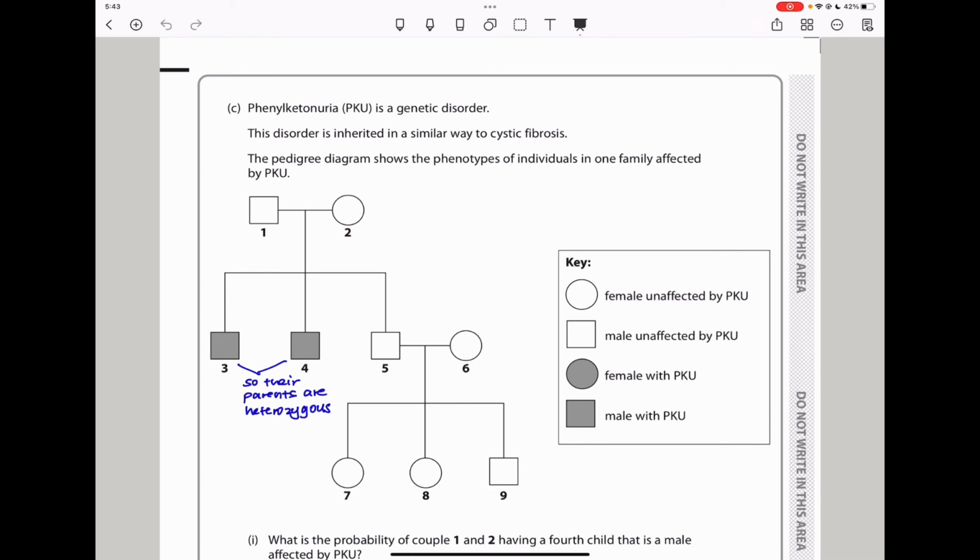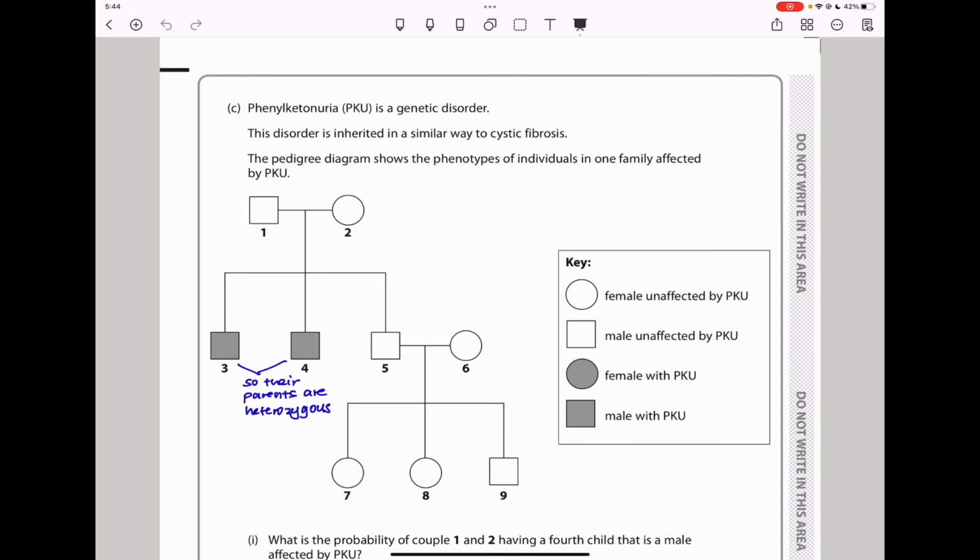Now, when we look at individual 5 and individual 6, we cannot tell because we do not know the family history of individual 6. And we are sure that individual 5's history has that specific gene or allele for having this genetic condition. However, because they are not expressing this condition outwards, they may be homozygous dominant or they may be heterozygous.